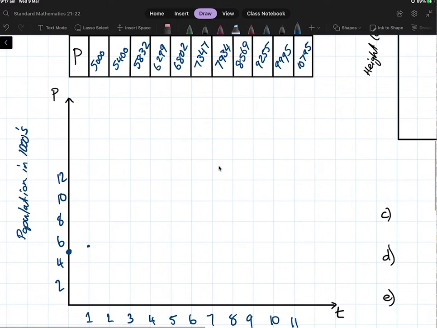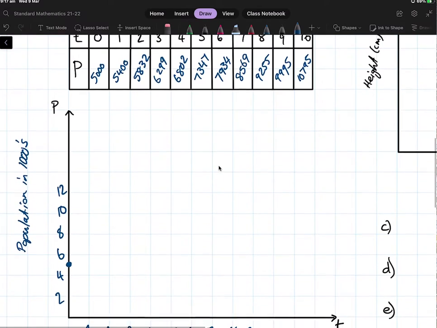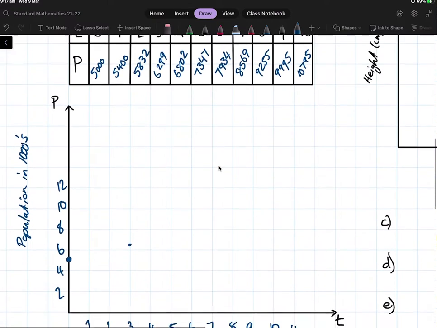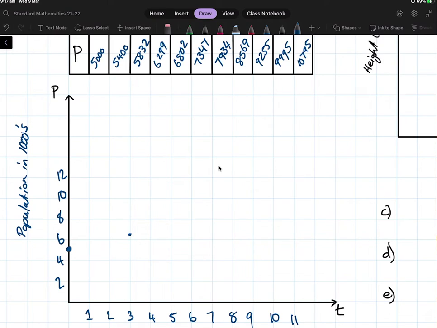I get over 6,000 in the third year, so 6,000 in the third year is going to be about here somewhere, and then 7,000 in the fifth year, so the fifth year just over 7,000. Let's just put those points in to make it better.